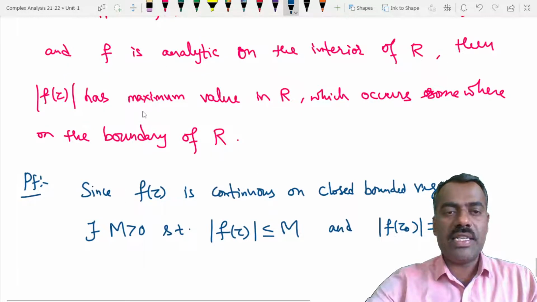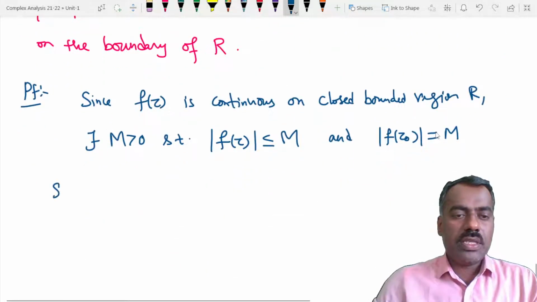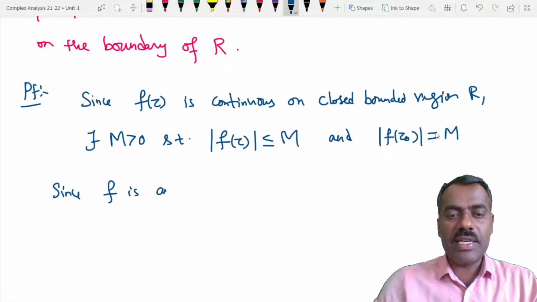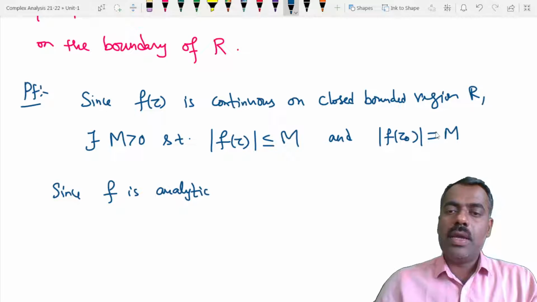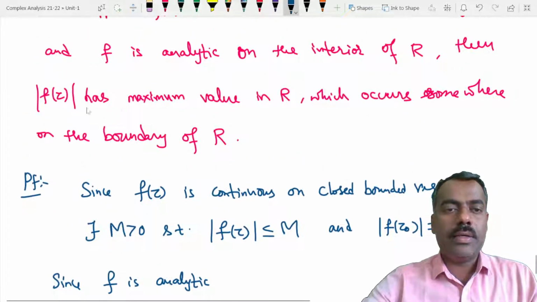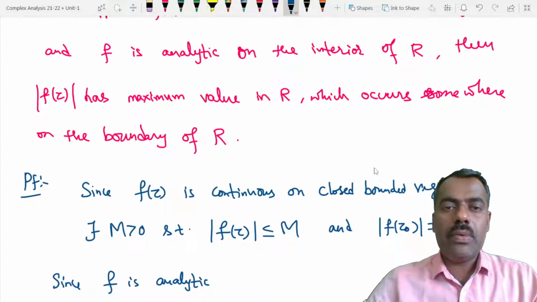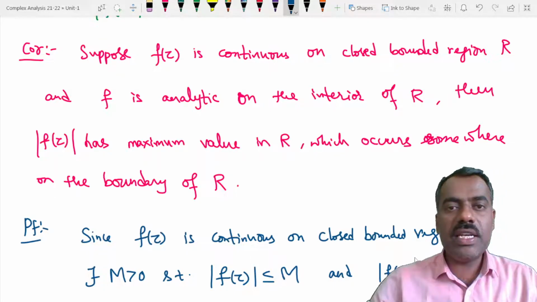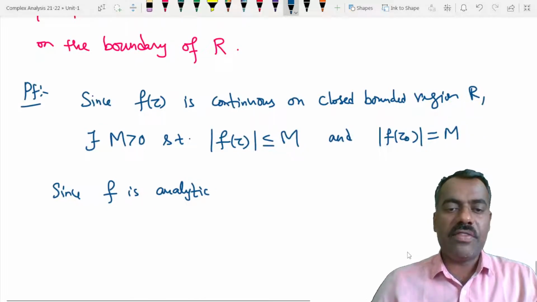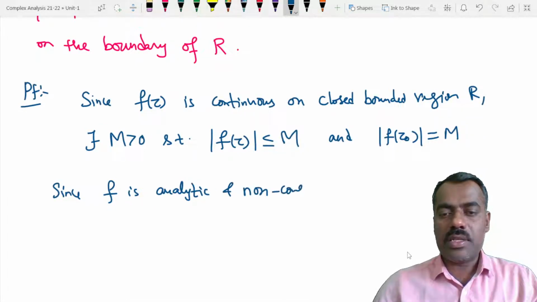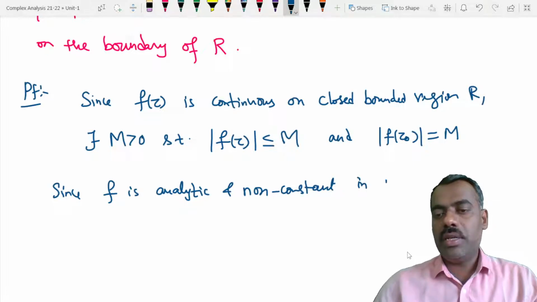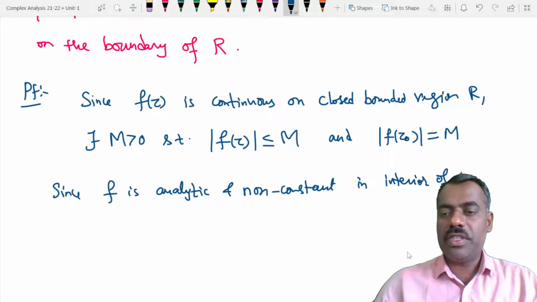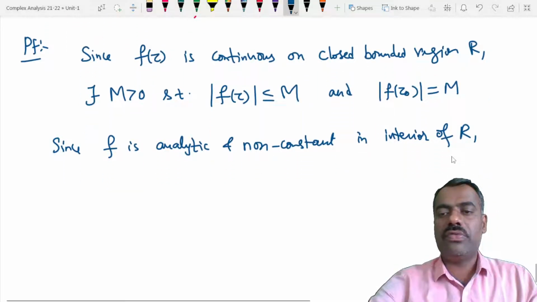Now also by the previous result, since f is analytic and non-constant in the interior of R, which is a domain because R is a closed and bounded region, its interior is a domain.